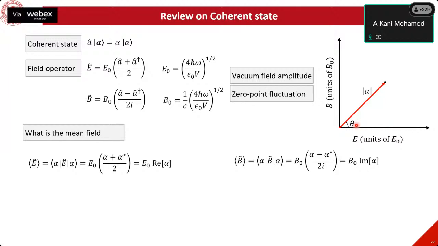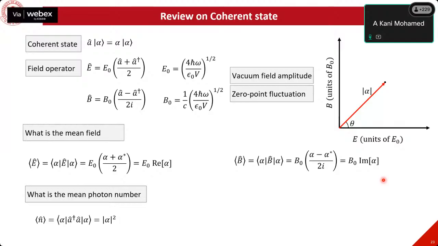So if we have an amplitude of alpha, this is the electric field and this is the magnetic field, and the relative phase is theta, which is nothing but the argument between the electric and magnetic field. Another important quantity that we can compute is the mean photon number.